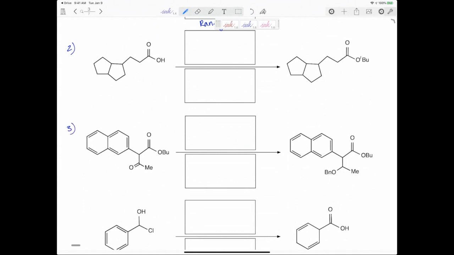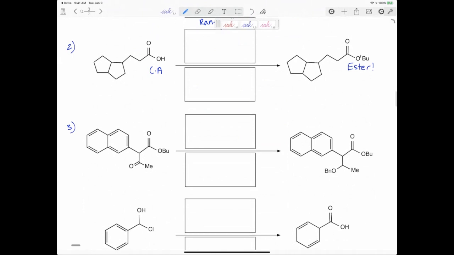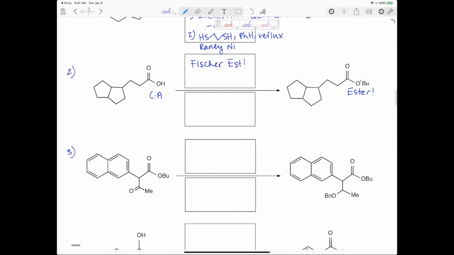We have a carboxylic acid, and this becomes an ester. So when a carboxylic acid becomes an ester, you're going to use the Fischer esterification.